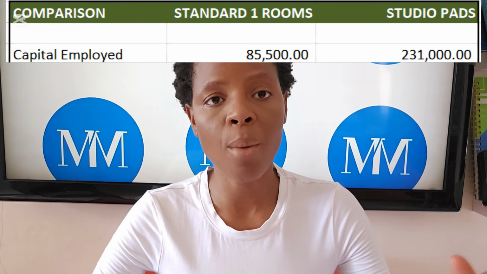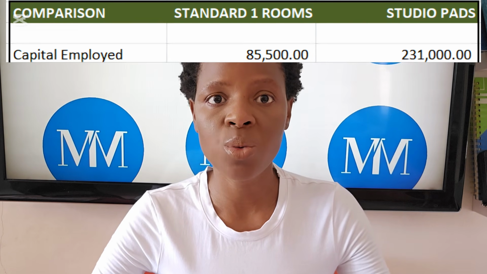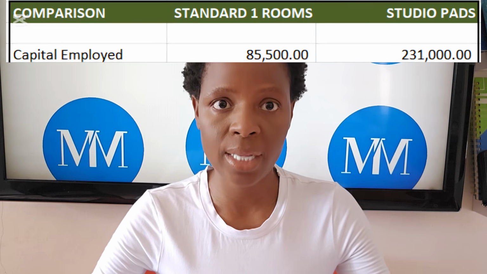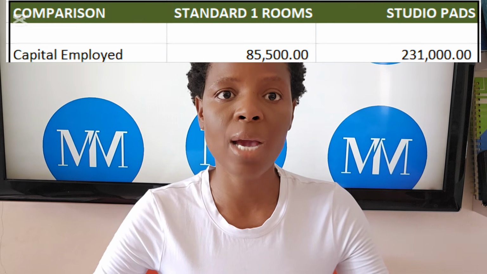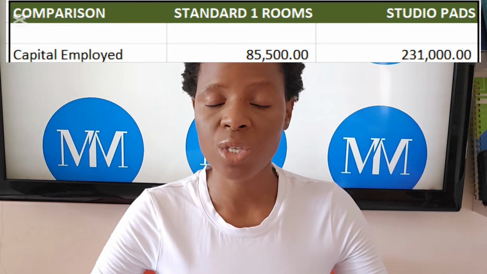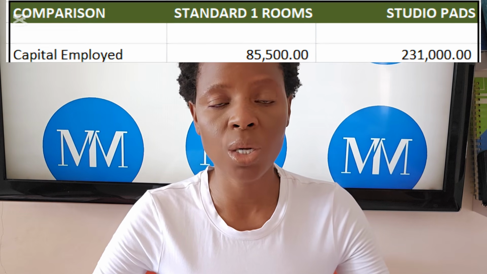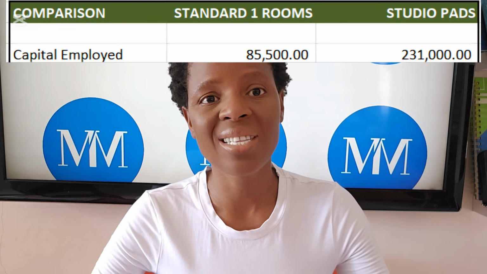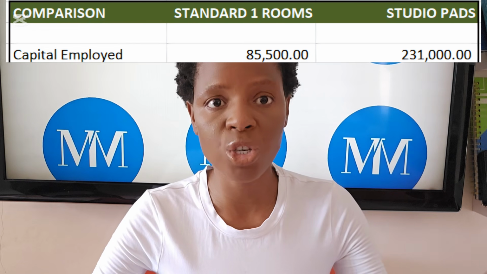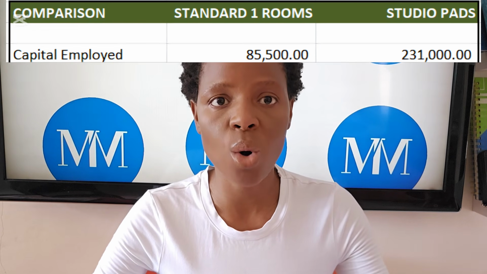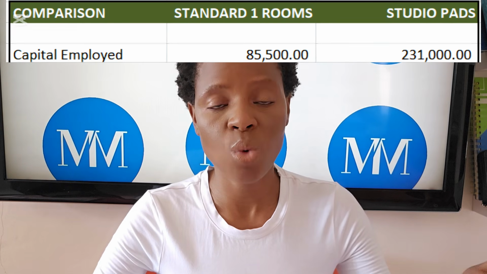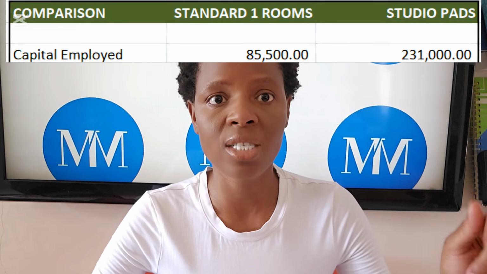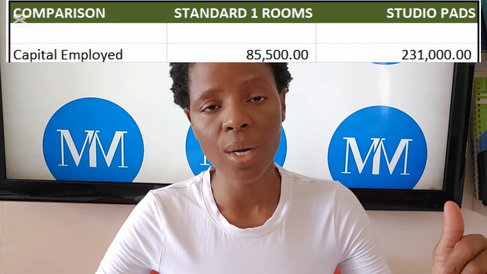So I had to apportion the amount that we spent on the toilets to each block, and when I did that, the figure came to 10,500. So 75,000 being the total building cost, plus the 10,500 being the apportionment of construction cost for the block of water system toilets. That's what we are getting, 85,500.